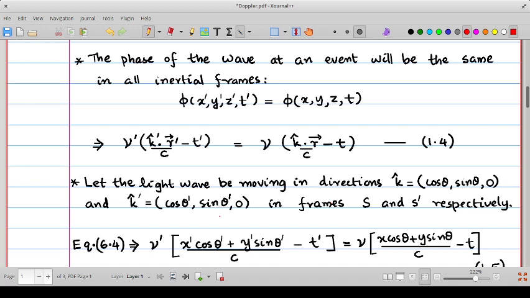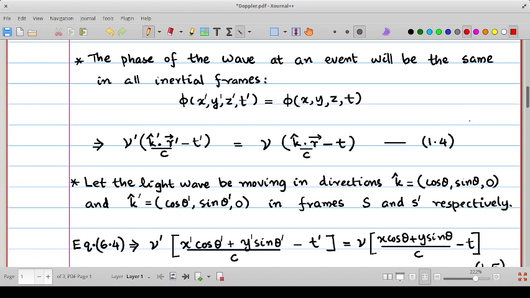So in the S dash frame, we assume that the unit vector k dash cap in the direction of the wave vector makes an angle theta dash with the x-axis. So in the frame S, the wave vector makes an angle theta with the x-axis, and in the frame S dash, the wave vector k dash makes an angle theta dash with the x-axis.